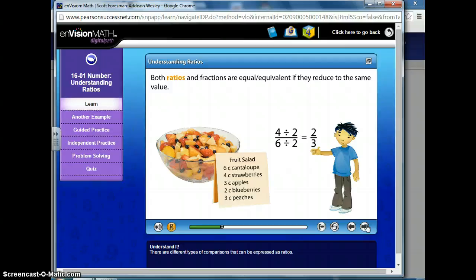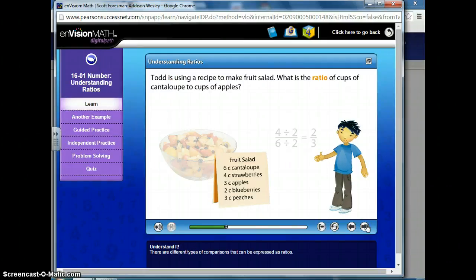Even if I write it differently, I know the lights are off, so you may not be able to see this very well in the back, but if I write a ratio of 3 to 10, an equal ratio could be 6 to 20. It's equal because I took this times 2 and this times 2. I could keep going. Why did you times it by 2? I just made it up. It could be times 3.